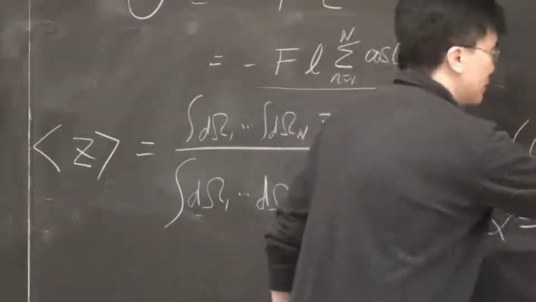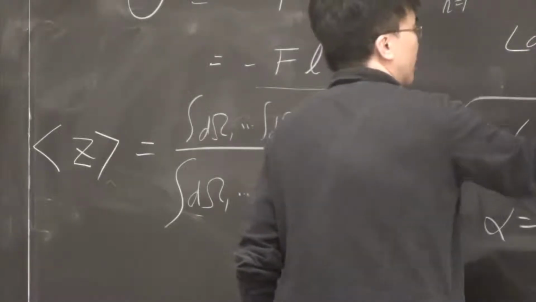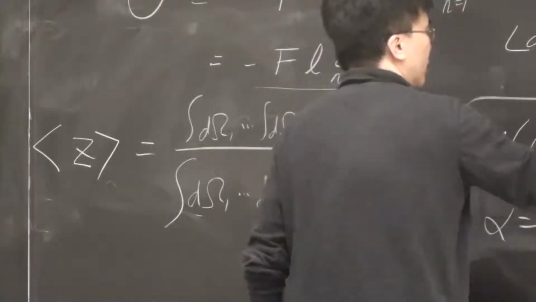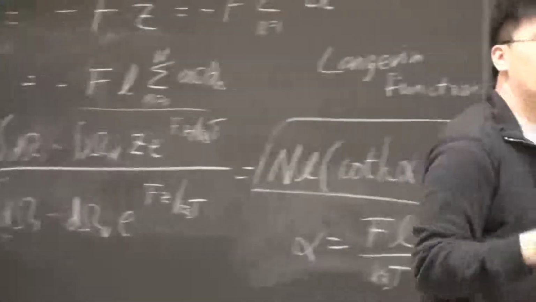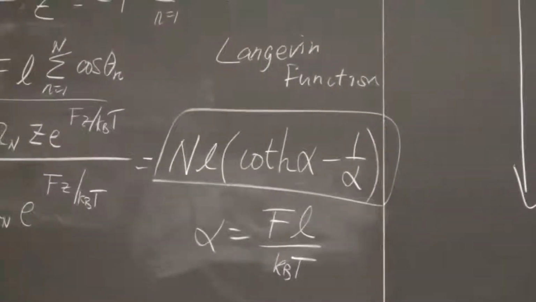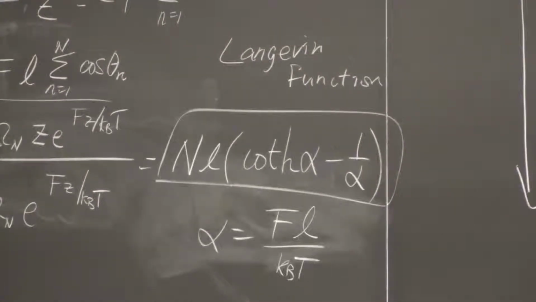and this function is called the Langevin function. It is precisely the mathematical form that you get if you're trying to calculate the average magnetization as a function of applied magnetic field.